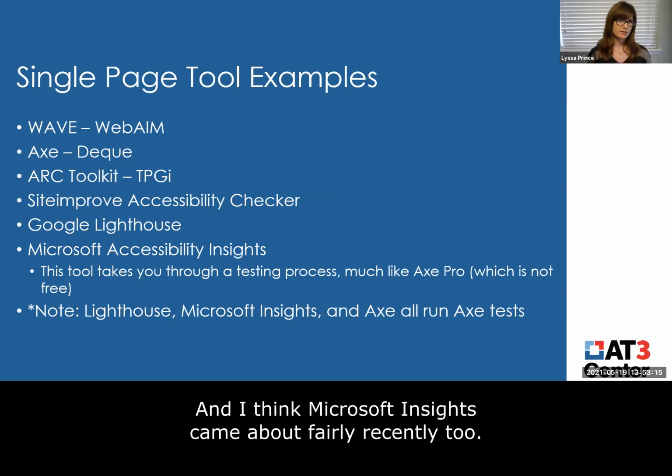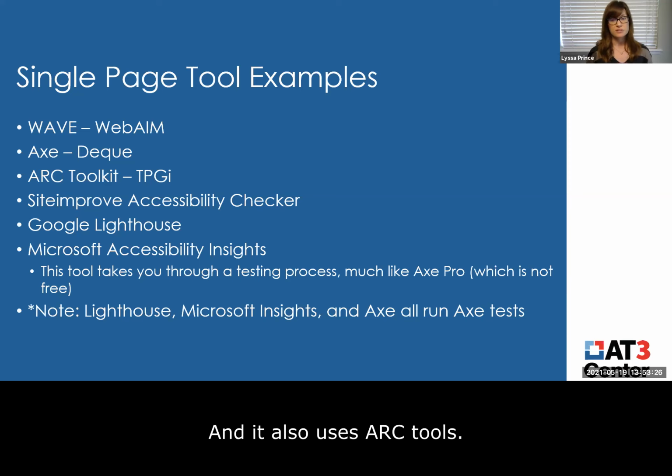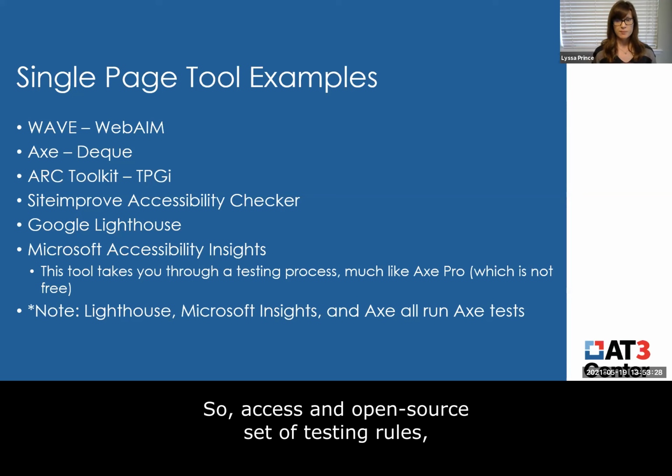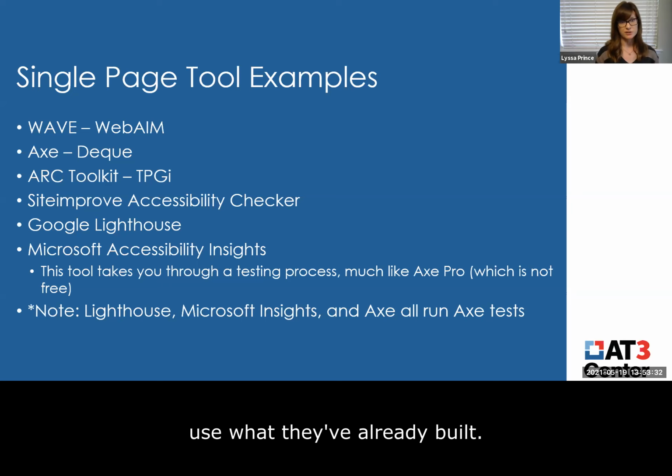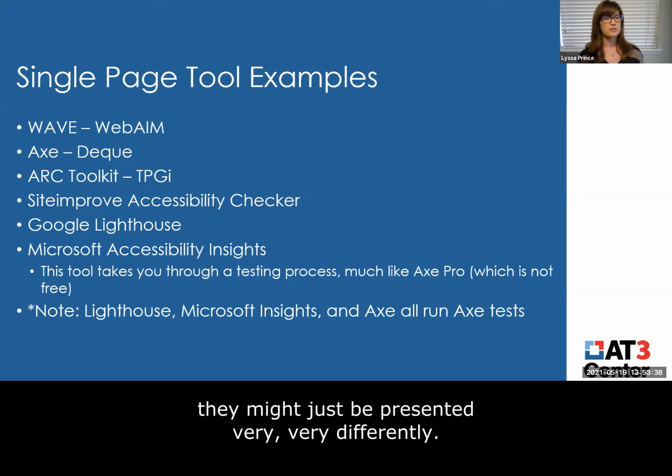And I think Microsoft Insights came about fairly recently too. It might have been 2019 or so when it was released, and it also uses Axe rules. So Axe is an open source set of testing rules, and that's why a lot of tools use what they've already built. So some of the results are going to look very similar. They just may be presented very differently.